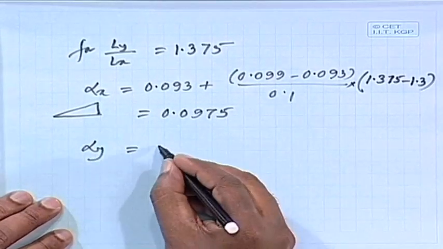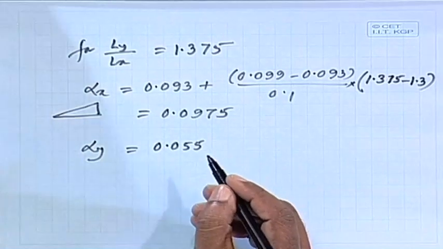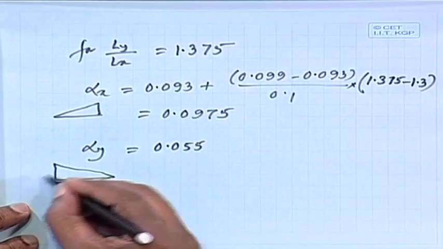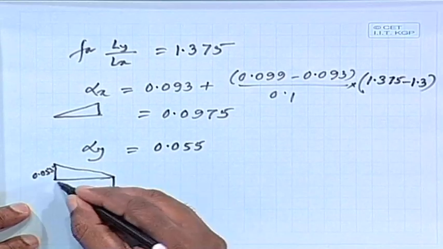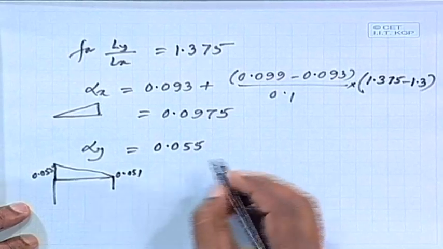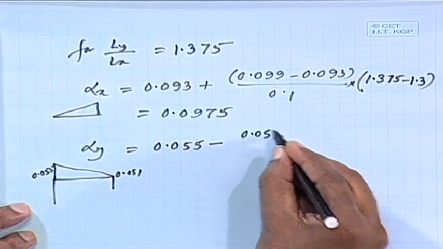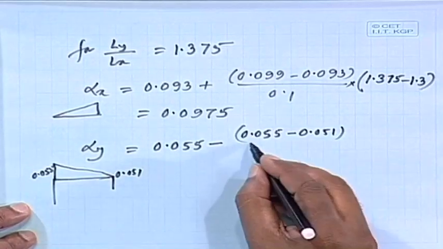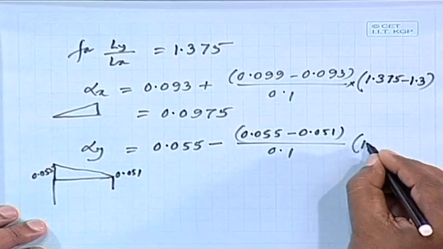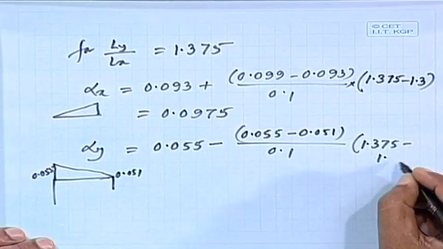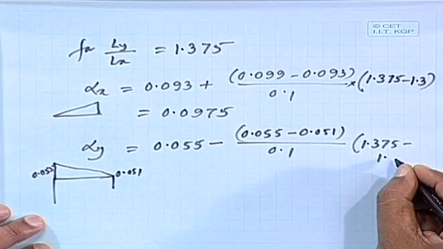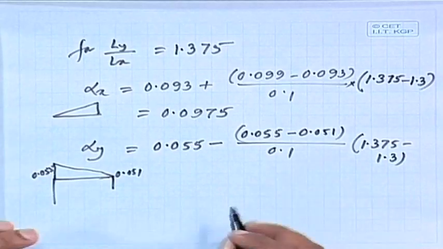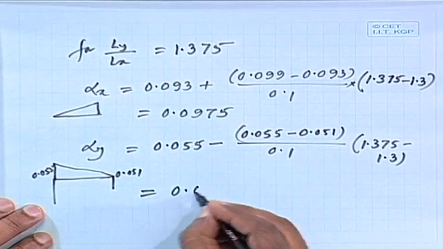Alpha y equals 0.055 minus (0.055 minus 0.051) divided by 0.1 times (1.375 minus 1.3), and that value we are getting as 0.052.